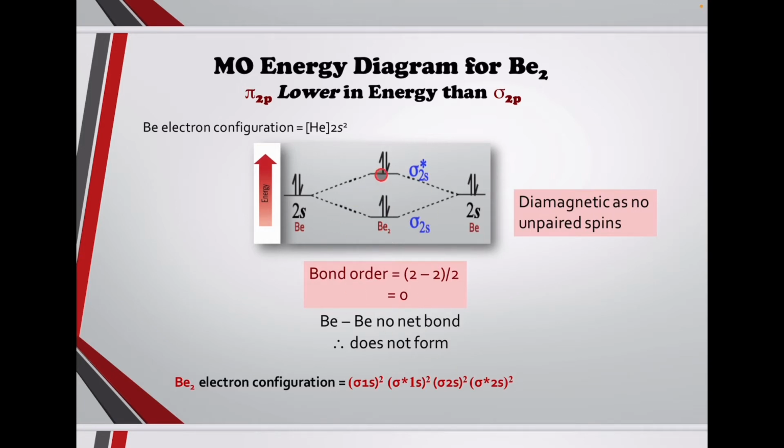For the molecular orbital, we just draw the valence electrons 2s2. In terms of the magnetism, Be2 is diamagnetic as no unpaired electrons or spins. So we look here, all paired, meaning that this is diamagnetic.